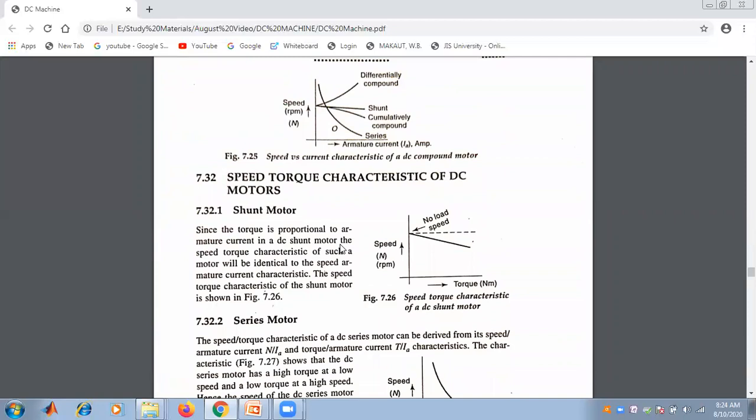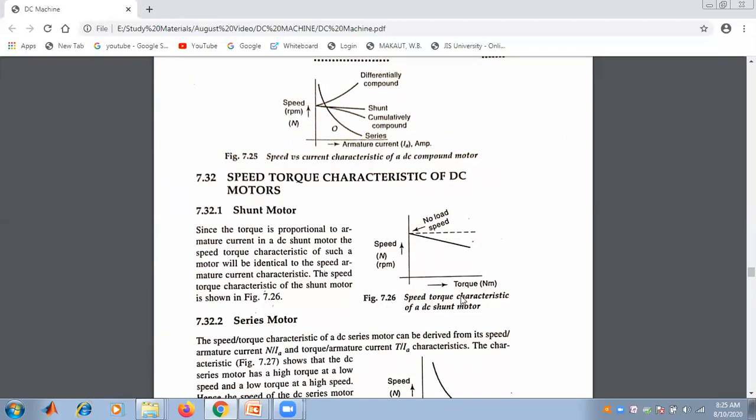Another part of the discussion is the speed torque characteristics of DC motors. First we will start with the shunt motor. Since the torque is proportional to the armature current, as we have discussed for the DC shunt motor, the torque speed characteristics of such a motor will be identical to the speed armature current characteristics.